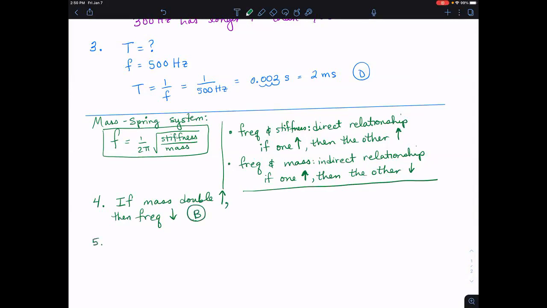Number 5 says, consider 2 springs, one is stiffer than the other. The same mass is used, which one will have a longer period of oscillation? It's going to be a 2-stepper. First, we figure out what the frequency is going to do, and then what the period is going to do. If the stiffness is larger, then the frequency is larger, they're directly related.